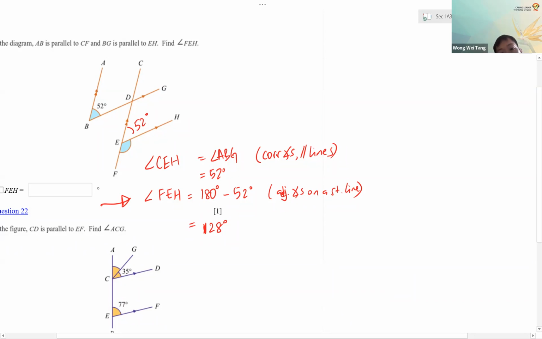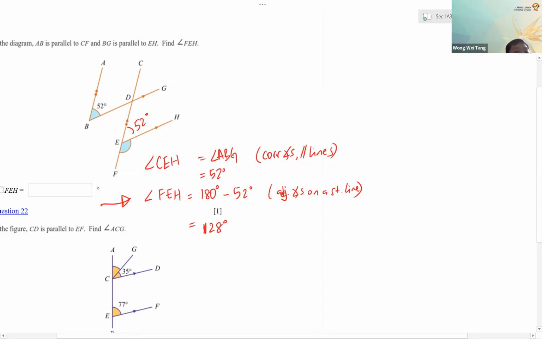So what do you think of Josiah's presentation? What's the issue here? He's not referring to a specific angle, not to CEH. It's referring to both angles. We see two 52 degrees over there, so we don't know which one he's talking about, right?